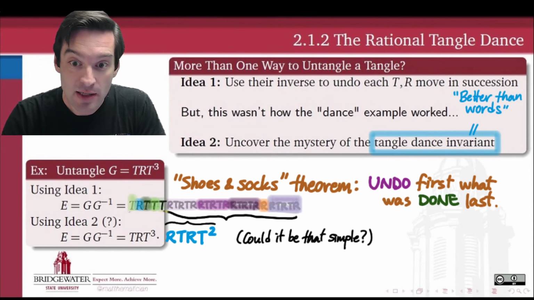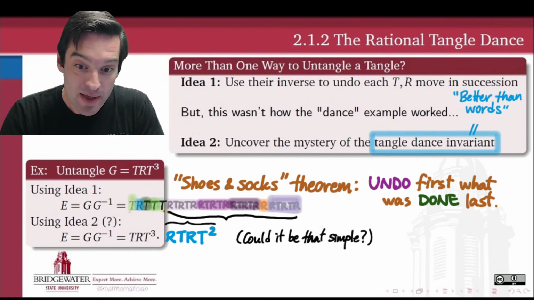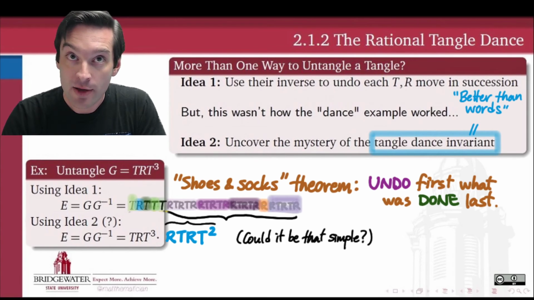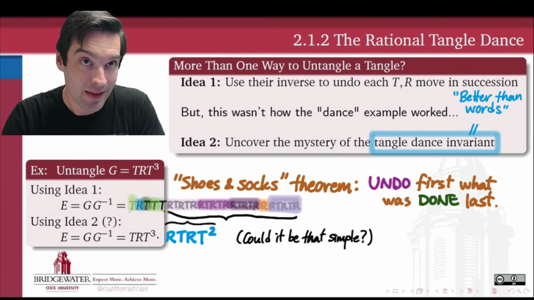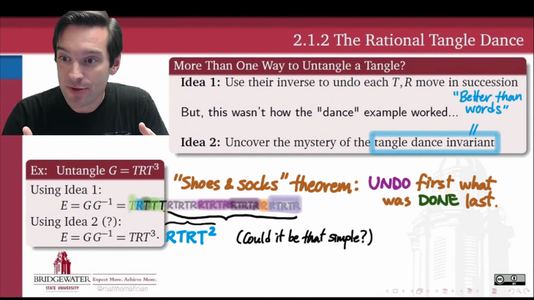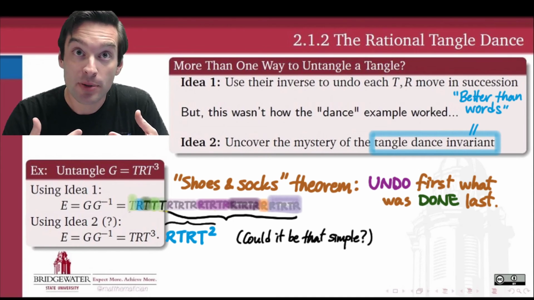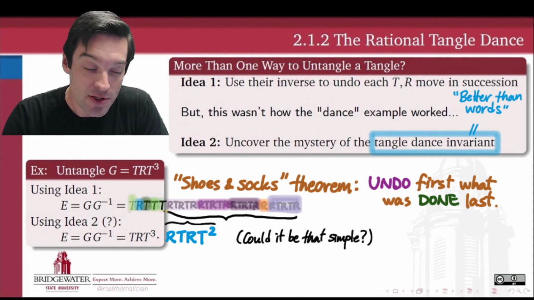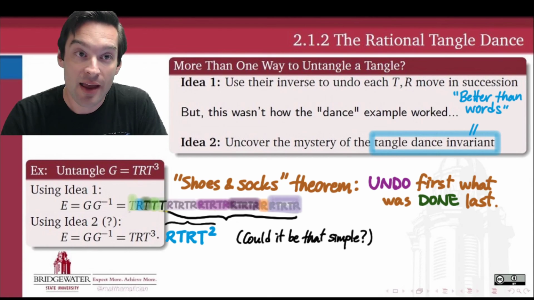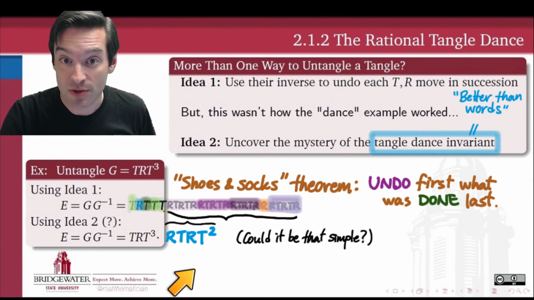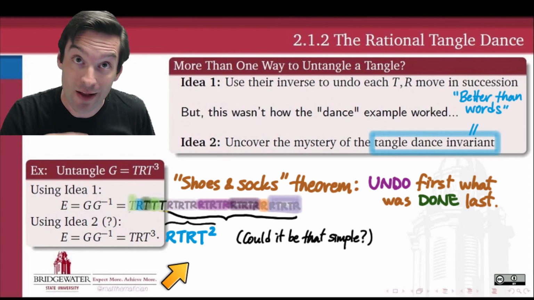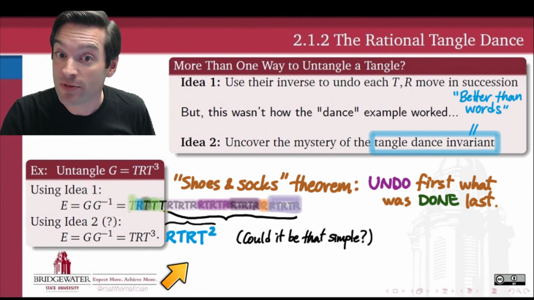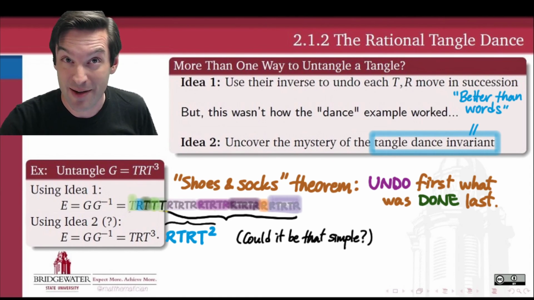And they can be represented in such a way that you can tell me exactly what rational tangle you're talking about simply by giving me a single rational number. And if that completely tells the story of rational tangles, it can also completely tell the story for how to untangle a rational tangle. And the way in which it tells that story is how we can decide on very often a more efficient way of inverting a rational tangle, untangling a tangle, that's more efficient than just doing it one generator at a time. And that's the search that we're engaged in for the rest of this chapter.